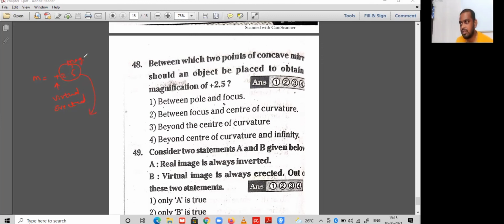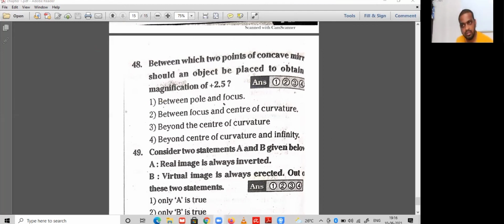If the sign is negative, it will be a real image. Only the magnitude, the number, is 2.5, which is more than 1. So magnification is more than 1. It is an enlarged image. So a virtual erect enlarged image will be produced by the concave mirror when we place the object between pole and focus. Option 1 is the correct option.